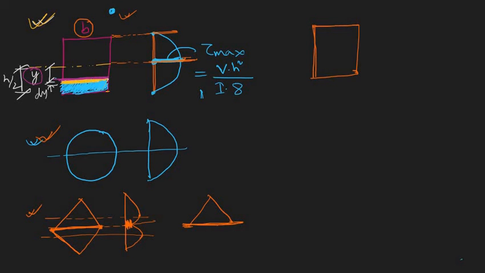Don't worry, in the next video I will discuss the I section, how shear stress is distributed in the I section. So for this cross section, shear stress is simply 0 here and maximum here, just like that. Here it is 0 and here it is maximum and varies like this.